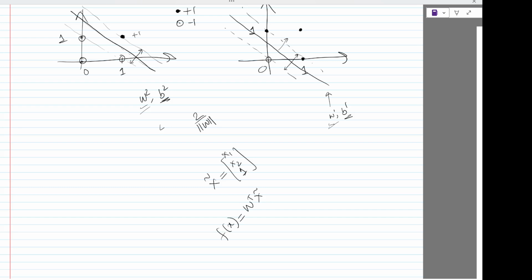So here W becomes three-dimensional, where the third value is actually your B. So both W and B are parameters that you need to find out.